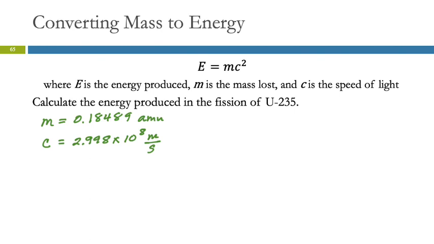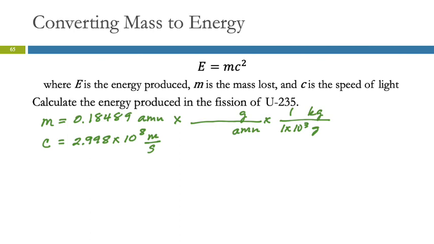So we need to convert atomic mass unit into kilograms. So atomic mass unit related to grams, and then go from grams to kilograms. Well, this one should be easy. Kilo means 10 to the third, right? So 1 kilogram is 1 times 10 to the third grams.